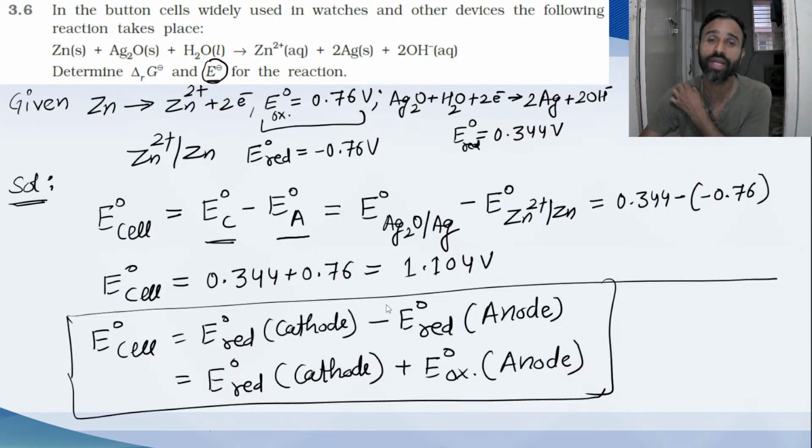But if the standard reduction potential of cathode and the standard oxidation potential of anode are given, then we add them, because at the cathode reduction takes place and at the anode oxidation takes place. Got it?